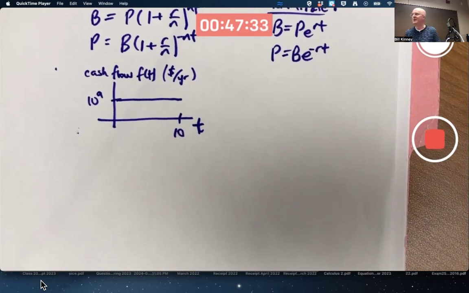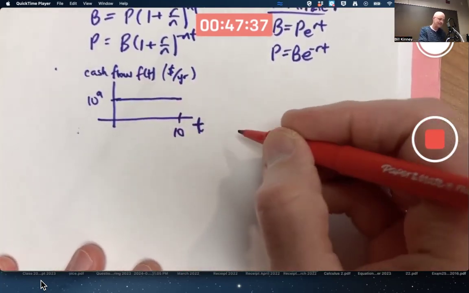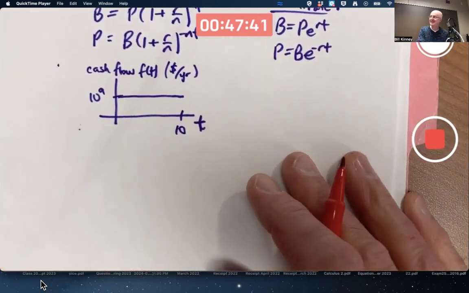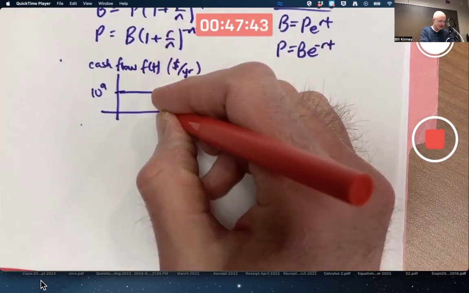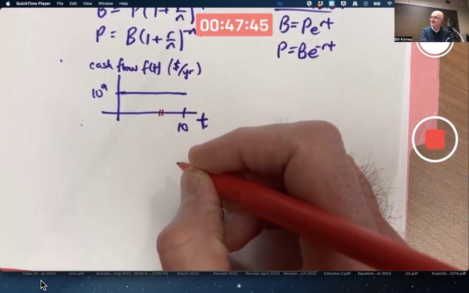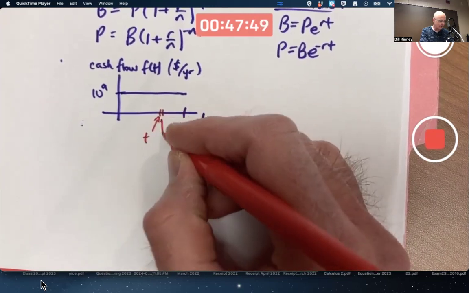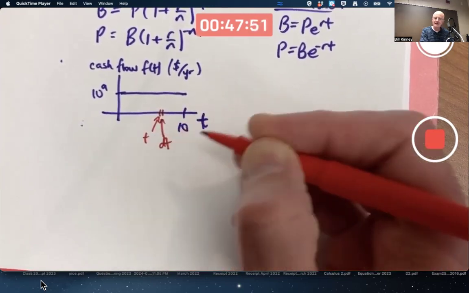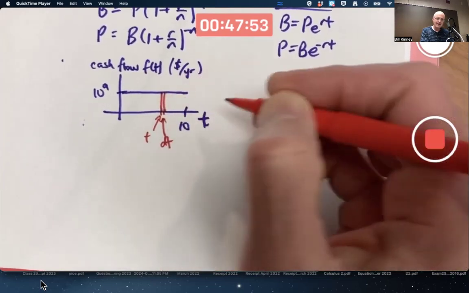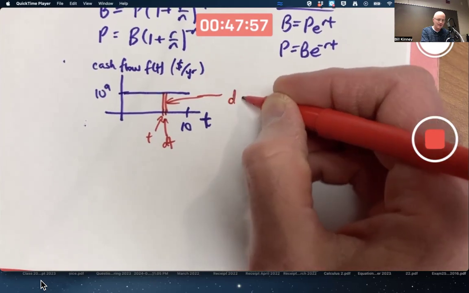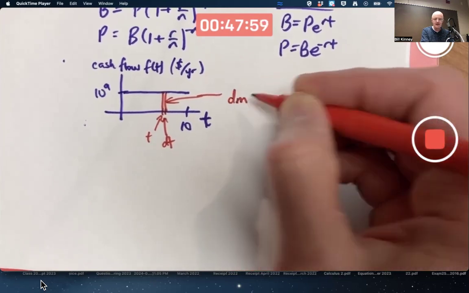What's its present value? What is it worth right now? You have to integrate to find that present value, because different tiny chunks of money are coming in at different times. At a given time t over a small interval of time dt, the amount of money, should I call it dm?